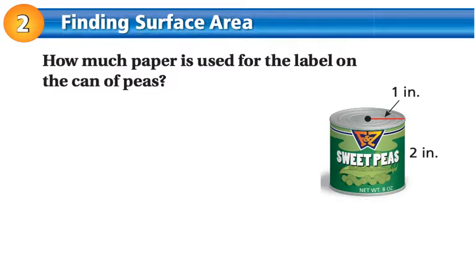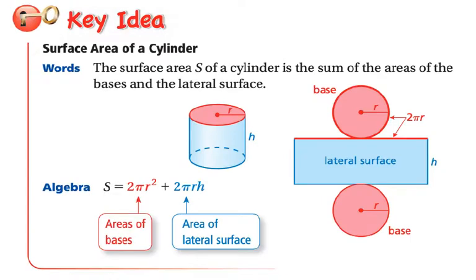But notice here that they say how much paper is used for the label on the can. Well, there is no label on the top and certainly no label on the bottom, which means the two circles aren't actually our concern. So when we go back to our key ideas around surface area, for a cylinder, we see here, at least in the algebraic section, that the formula is split into two main parts.